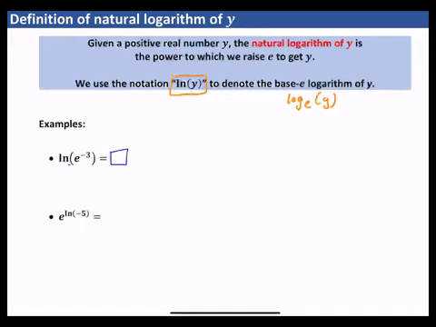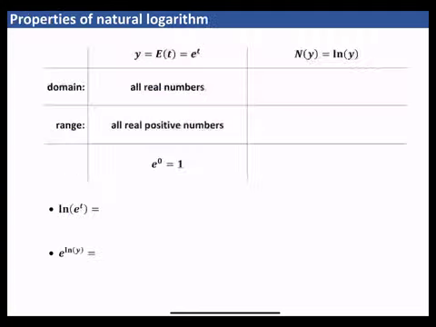When we developed the properties for the base 10 logarithm, we used the fact that the base 10 logarithm is the inverse of the powers of 10 function. In the same way, we can use the powers of e function to develop the properties of the natural logarithm function. From previous work with exponential functions, we know that the domain of y equals e of t equals e to the t is all real numbers, and the range is all positive real numbers.